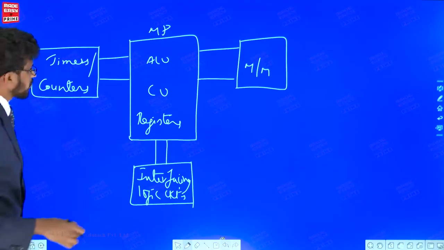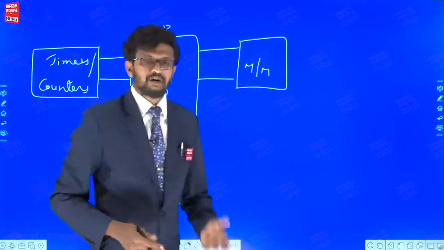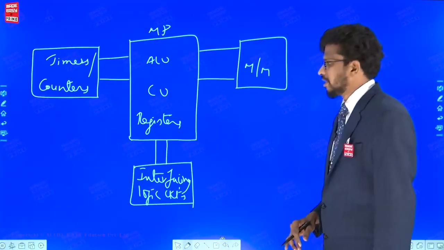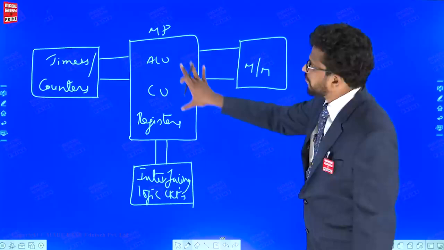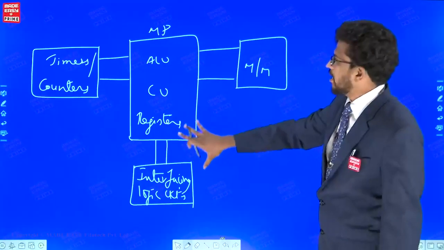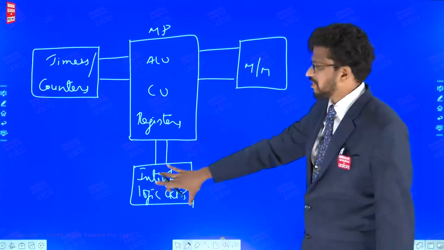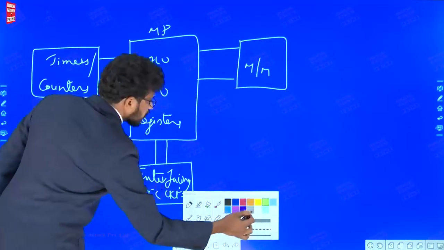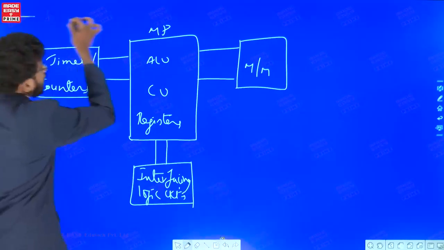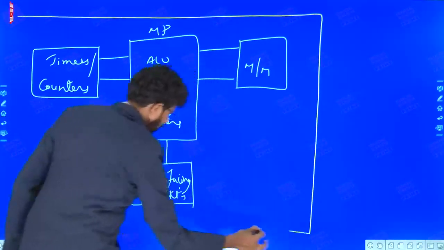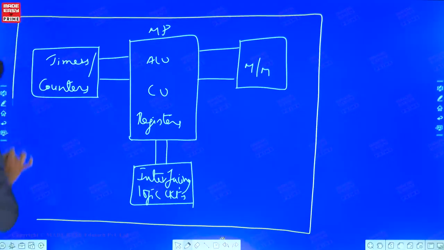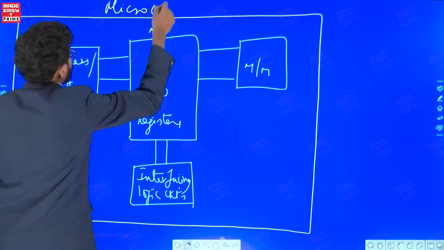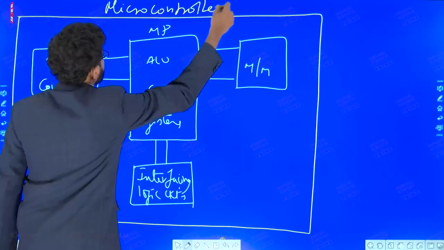What is the purpose of this? To provide certain time delay or to count the number of events. In real-time applications, there are many such usages. Therefore, if the microprocessor logic is added with the memory, interfacing circuits and timers, and you want to put all these blocks into a single IC, then this is what we call a microcontroller.